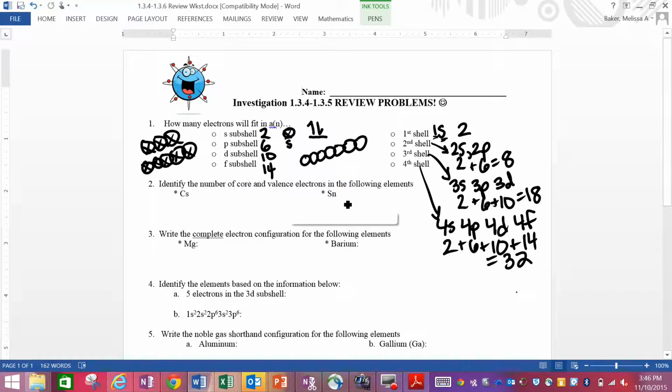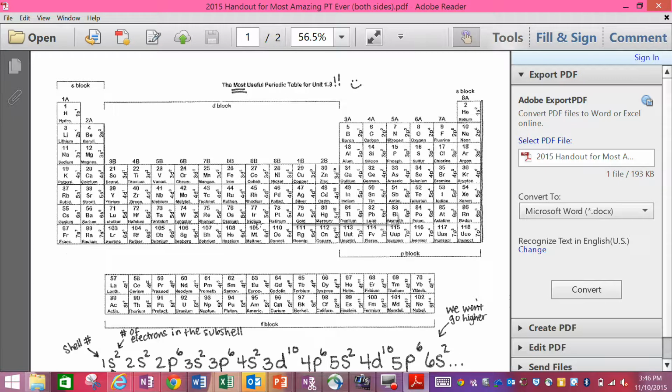Another clever way you can figure that out if you didn't like that is you can just count how many electrons fit in the first shell. Well, 1, 2. How about the second shell? You just count 1, 2, 3, 4, 5, 6, 7, 8. How about the third shell? 1 through 8, plus this is 3D right here, 9 through 18.